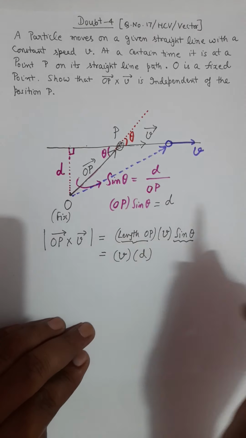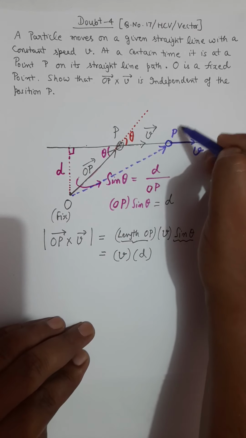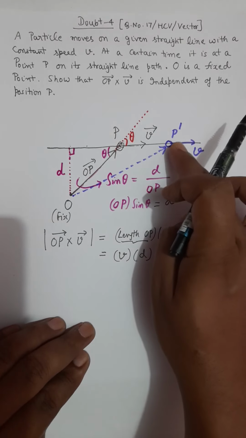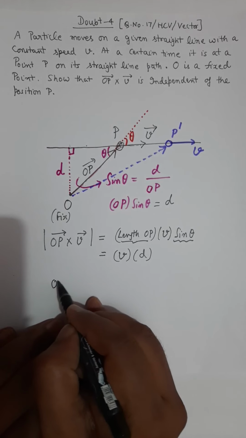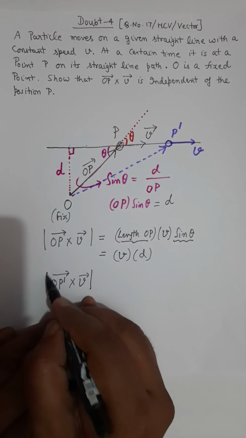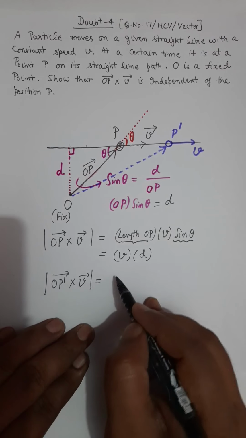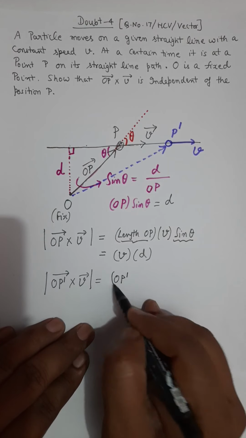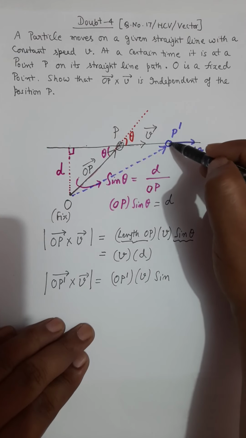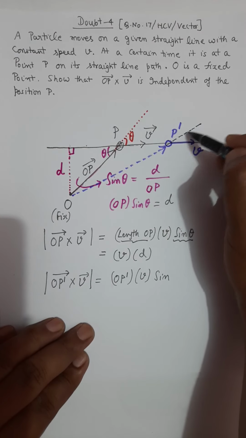But if you follow the same working, let's say this is point P dash. Now at point P dash, if I find OP dash cross V, then it is length of OP dash into V into sine of the angle between these two vectors. Now I take the angle between these two vectors as alpha.